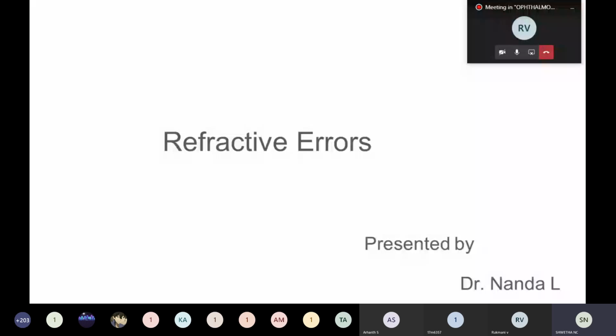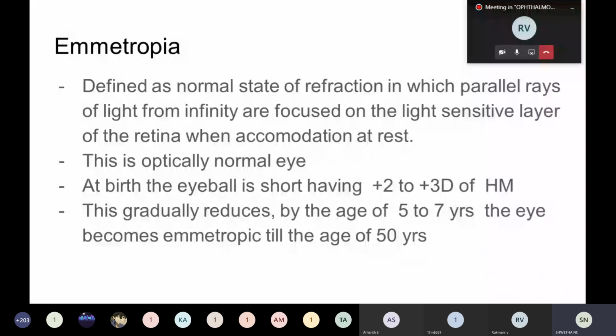Before going to refractive errors, we have to know some terms. First of all, we should know what emmetropia is, because in later classes the term will be used many times. It is defined as the normal state of refraction in which the parallel rays of light from infinity are focused on the light sensitive layer of the retina when accommodation is at rest.